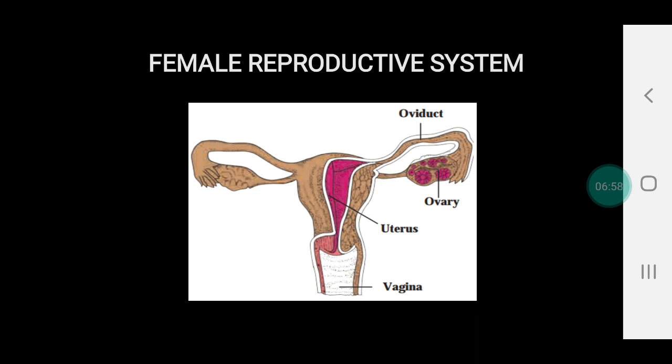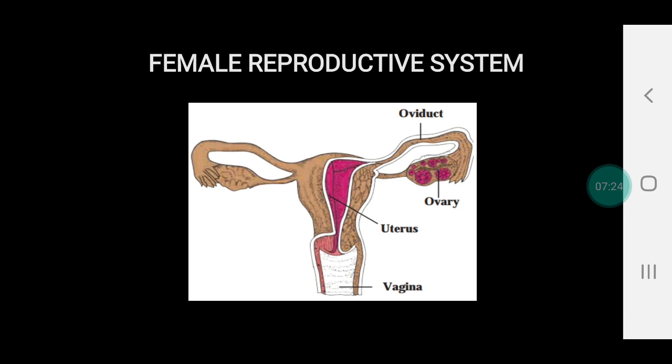An opening is present at the center of it, so oocytes enter the oviduct through that opening. There are cilia on the inner surface of the oviduct, and these cilia push the oocyte towards the uterus.